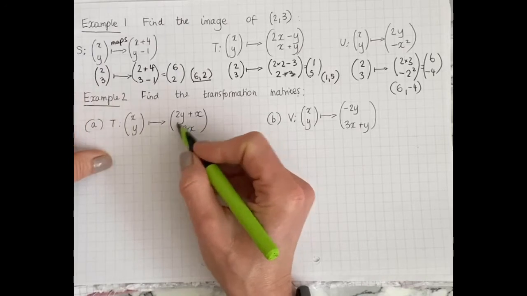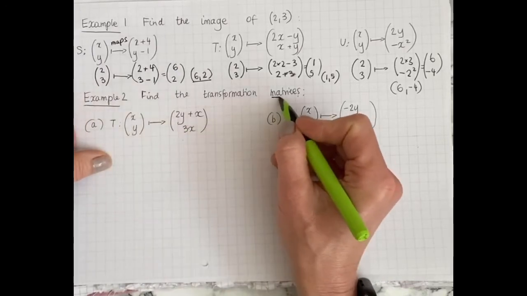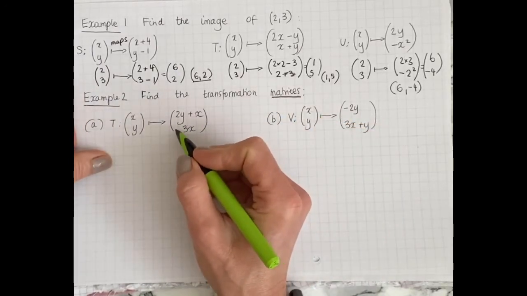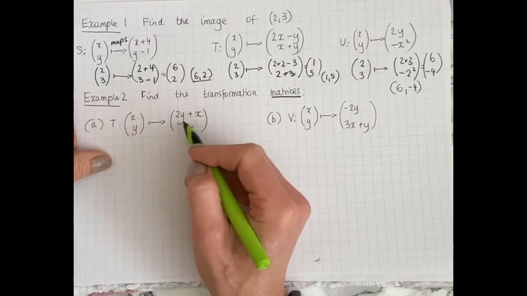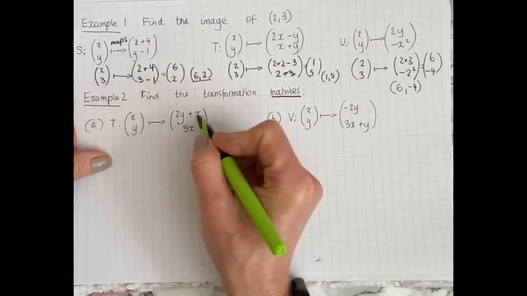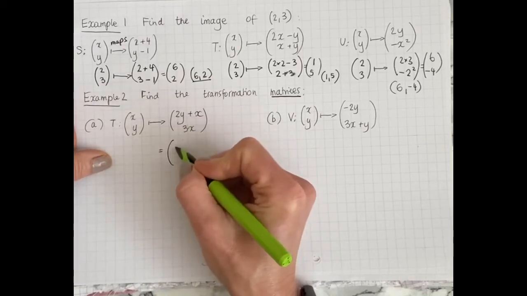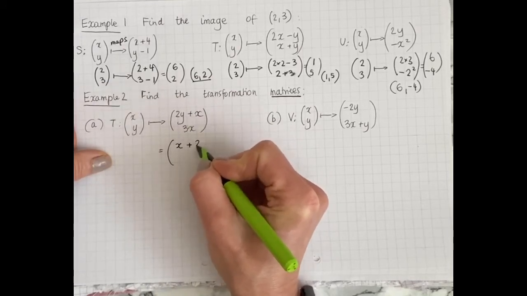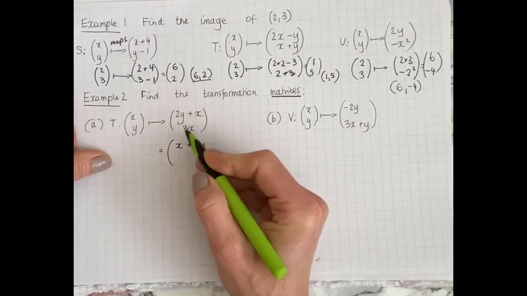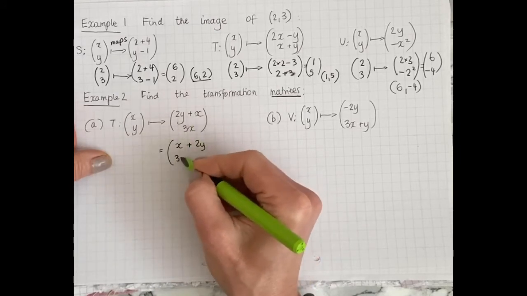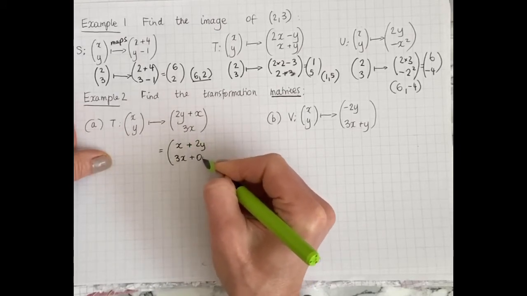Okay, so over here, in order to find what the transformation matrix will result in obtaining this image, what you want to do is rewrite this as x plus 2y, so put them in alphabetical order, and this is 3x plus 0y.